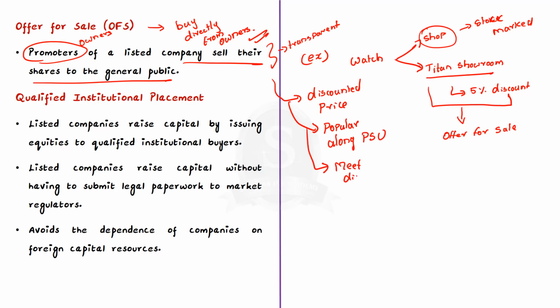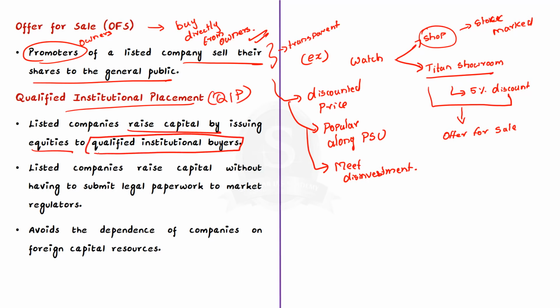Okay. Now having learned about offer for sale, we will also learn about qualified institutional placements. The qualified institutional placement or QIP is a method by which listed companies raise capital by issuing equities to qualified institutional buyers. A qualified institutional placement is a way for listed companies to raise capital without having to submit legal paperwork to the market regulators.